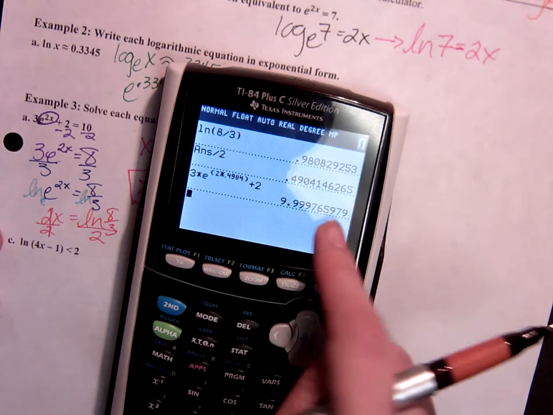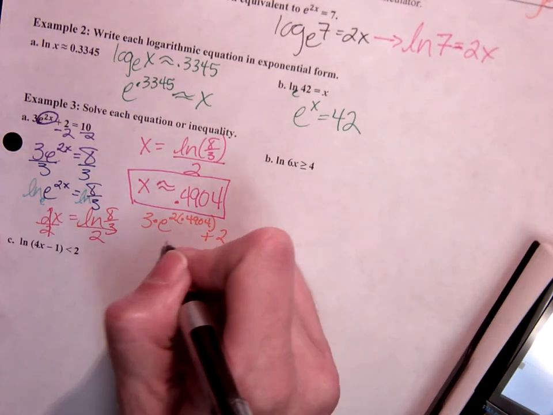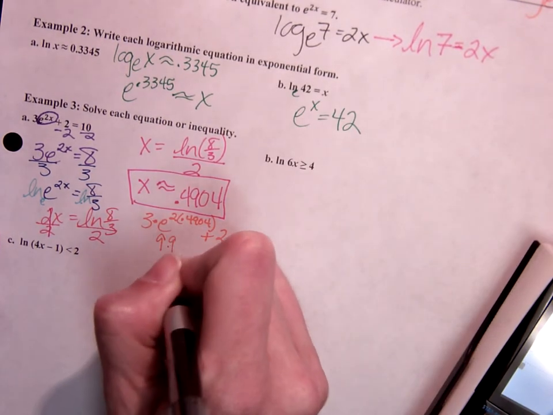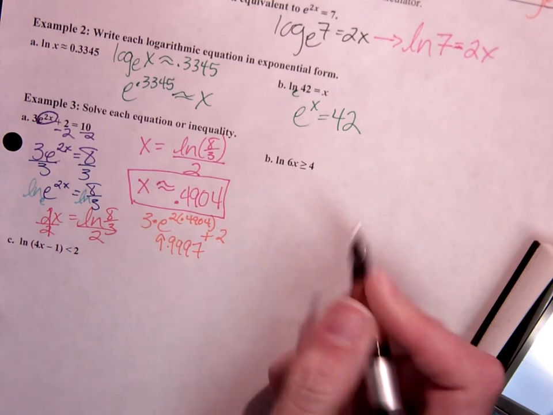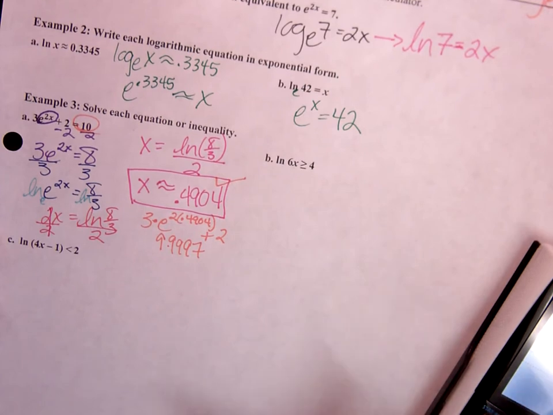If I started rounding, it would push pretty darn close to 10, so we're good.